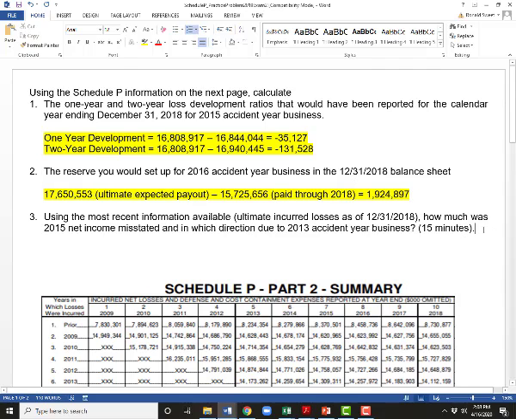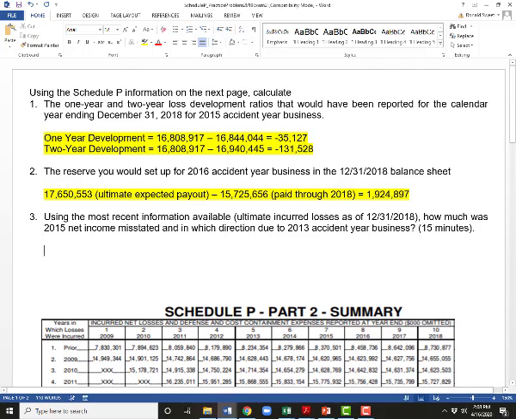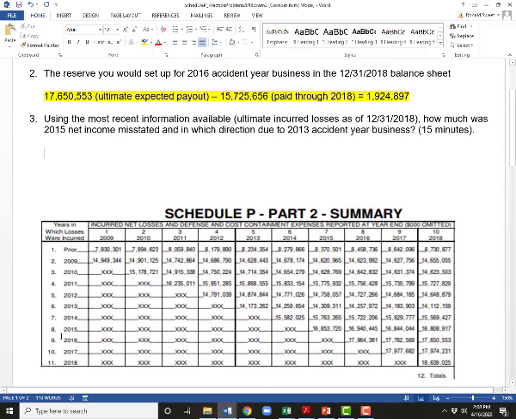And then the last question is, using most recent information, which means your ultimate as of 2018, how much was 2015 net income misstated? So when you're talking about the income statement in the year, you're looking going down.